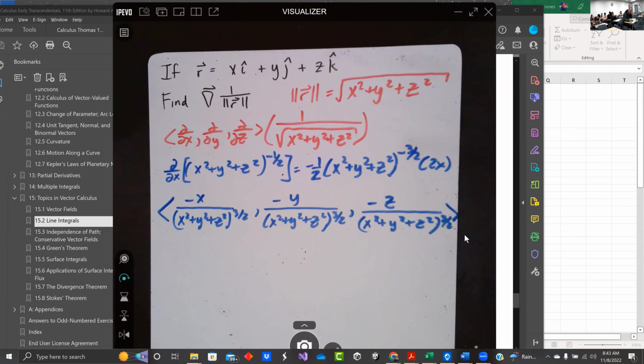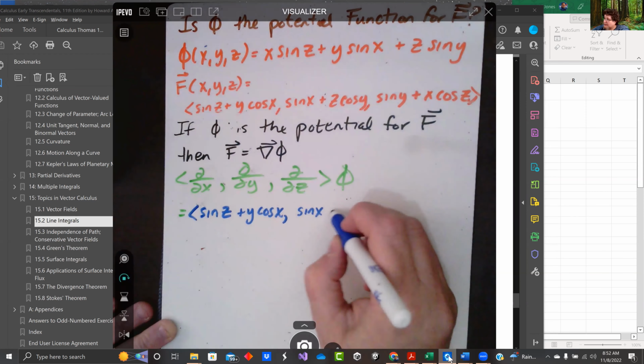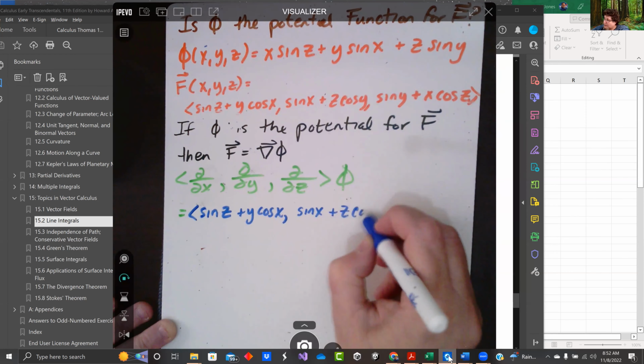Now I want to take the partial derivative of phi with respect to y. The first component yields nothing, there's no y in it. The second component is going to be sine x. Third component, we got a y in the sine, so that'll go to cosine, so z cosine y.